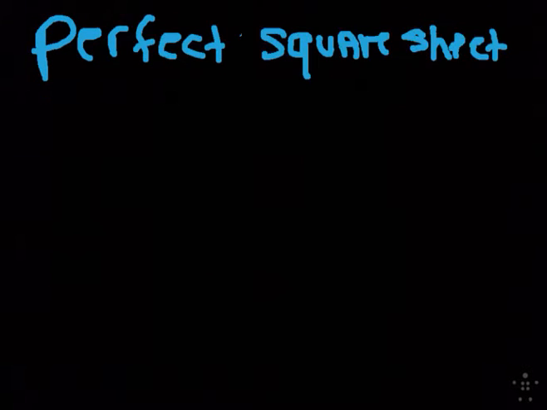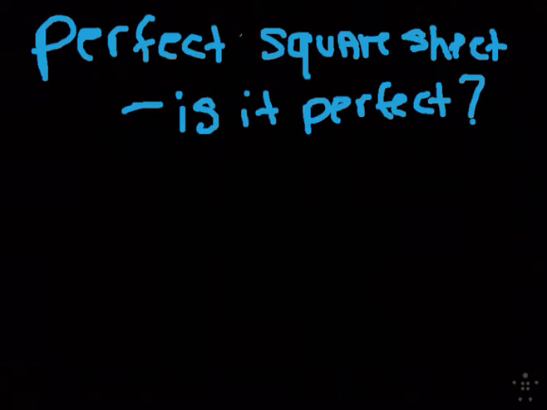Now let's just go ahead and summarize what we've learned so far. So, remember, we want to always use our perfect square sheet. And then we want to find out if it is a perfect square. If not, you have to divide by perfect square numbers.